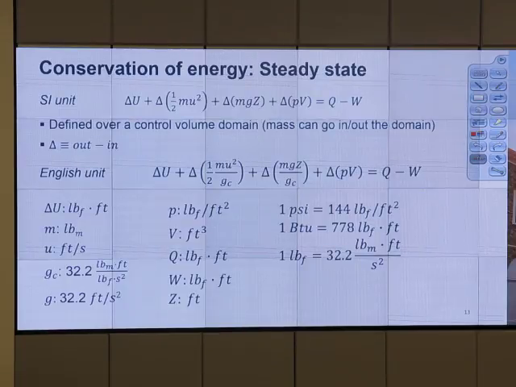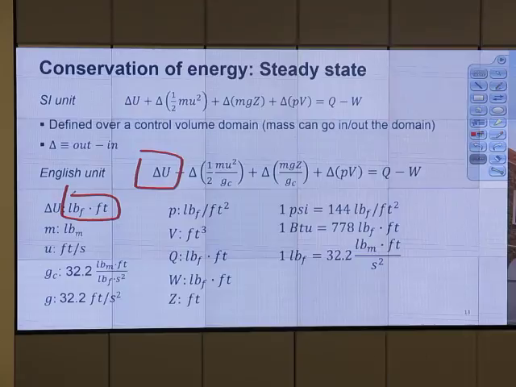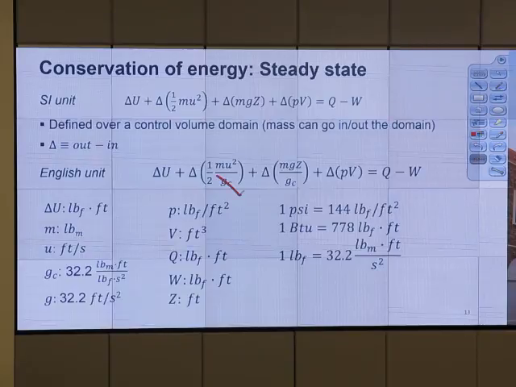Instead of pound mass foot per second square, we divide by G sub C, then it becomes pound force. So that is the only reason. Other terms like W are in the form of pound force foot. So this means that G sub C is not the real G.